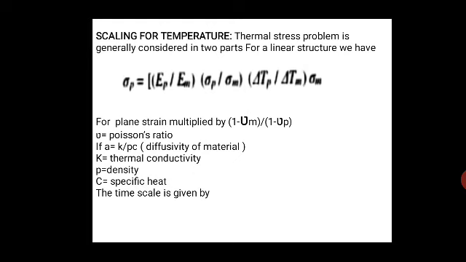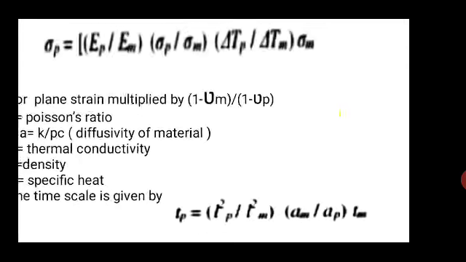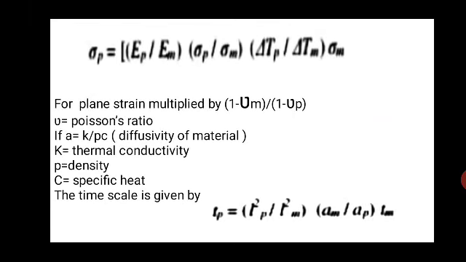Suppose A is equal to K by rho C, which denotes the diffusivity, where A is the diffusivity of the material, K is the thermal conductivity, rho is the density, and C the specific heat of the model, then the time scale is given by Tp square by Tm square into Am by Ap into Tm.